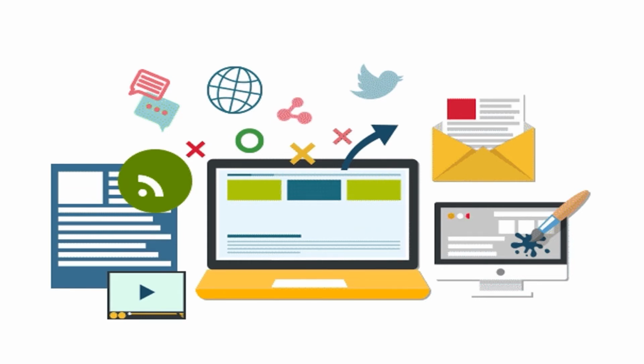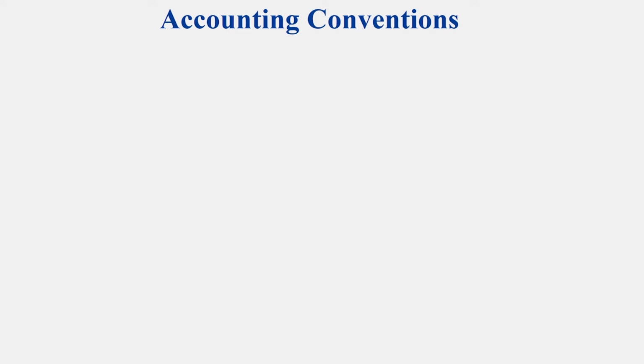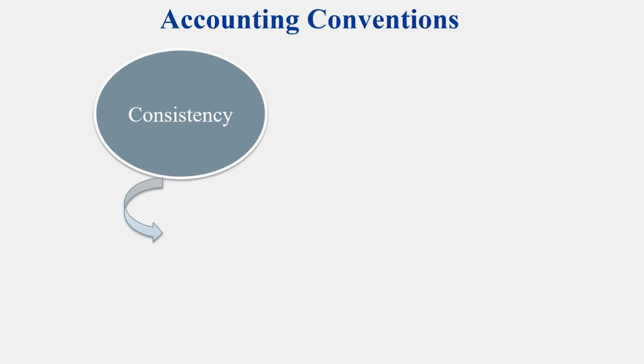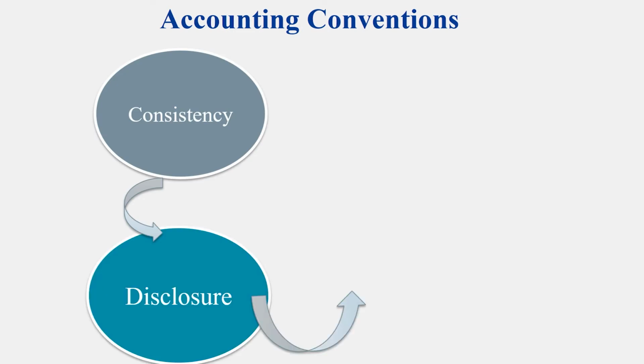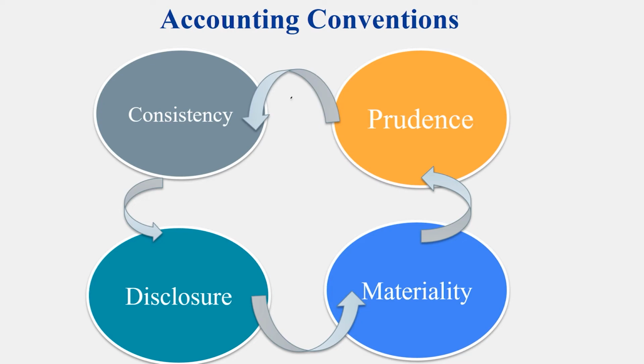Now, let's talk about another similar concept, accounting conventions. There are four basic conventions, namely convention of consistency, convention of disclosure, convention of materiality, and conservatism or prudence.